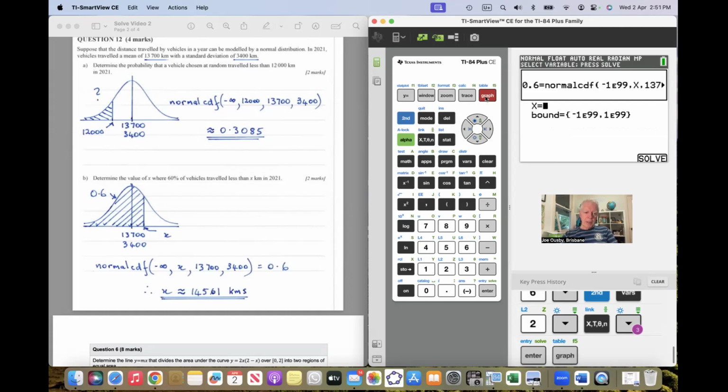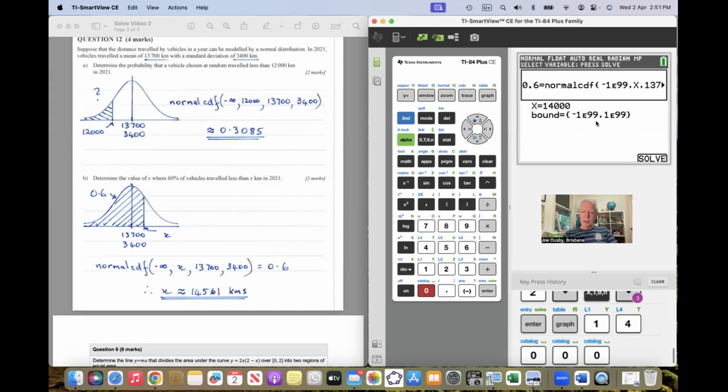I'm thinking the first guess for X is going to be, say, 14,000. I don't know, in fact, what it is, but it really doesn't matter. In this case, because it's searching from negative infinity to infinity, it's going to do whatever it can to find the answer. But I'm inclined to pick something bigger than the mean anyway.